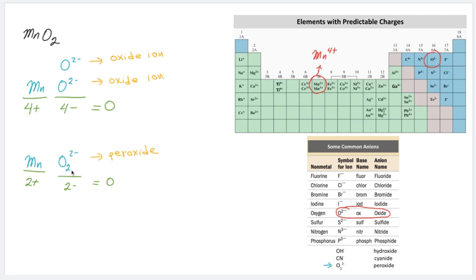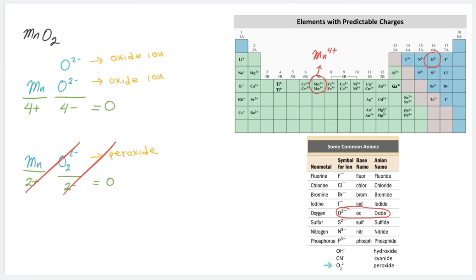So which one is most stable? The oxide is the most stable. So that's why it's not a peroxide. All right, so now we know why this O2 is coming from oxide ions.